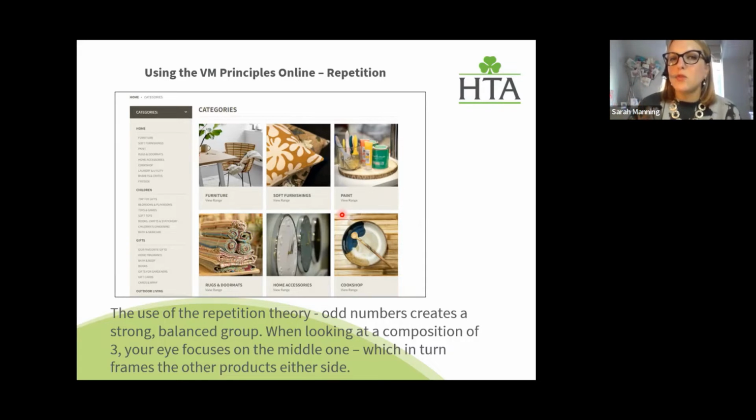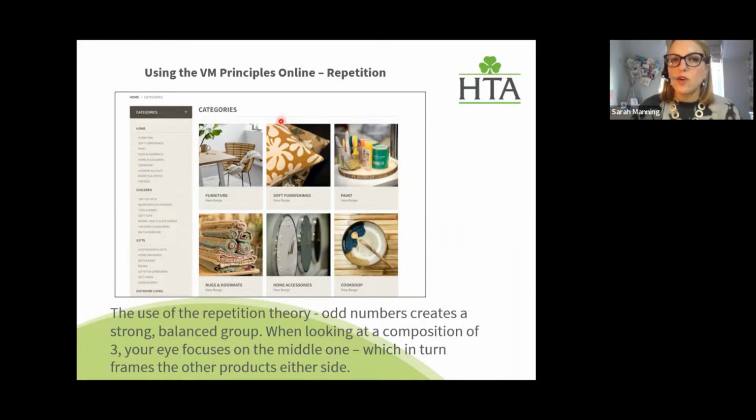Same principles as we spoke about in some of our other classes: if you are showcasing any product in blocks of three, our eye always seems to have a central focal point, which helps to focus our eye, and then our eye can frame onto the other two either side.